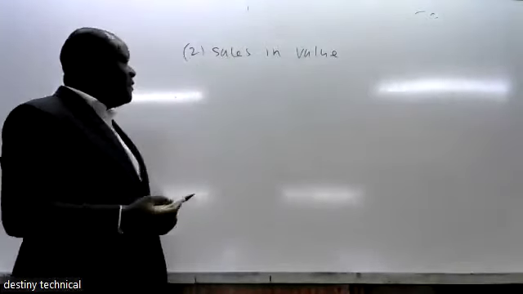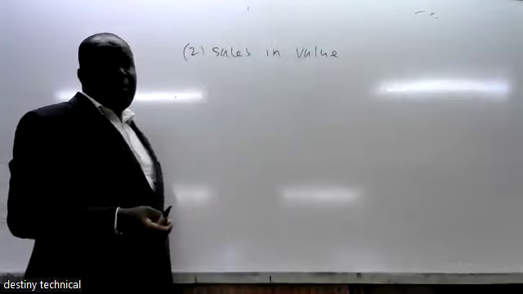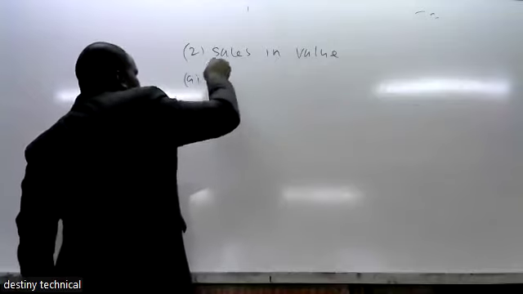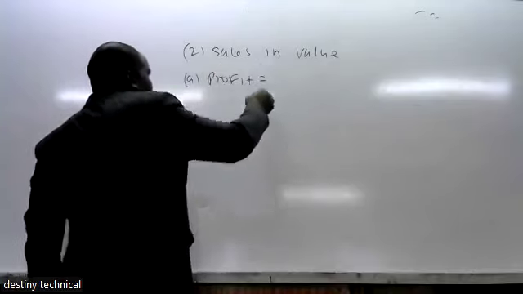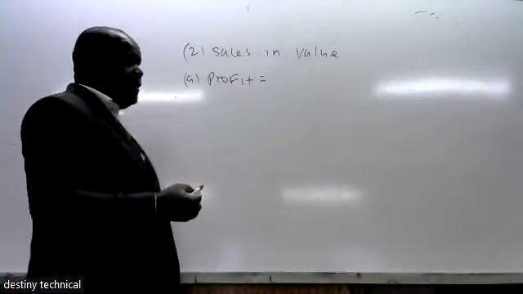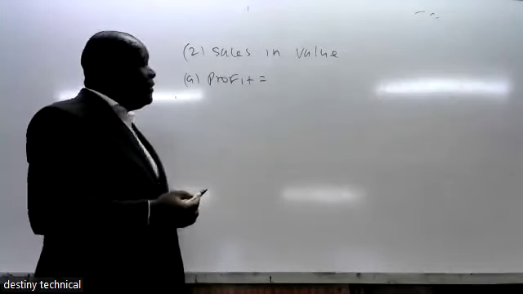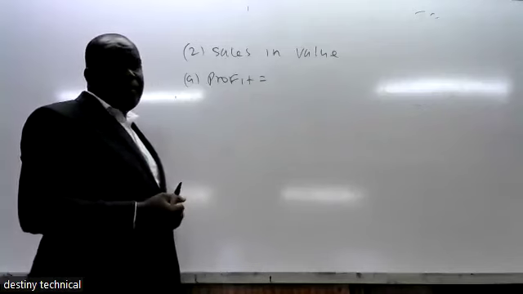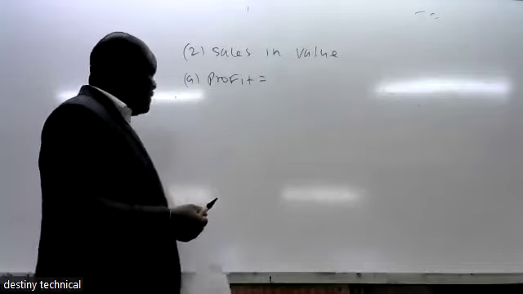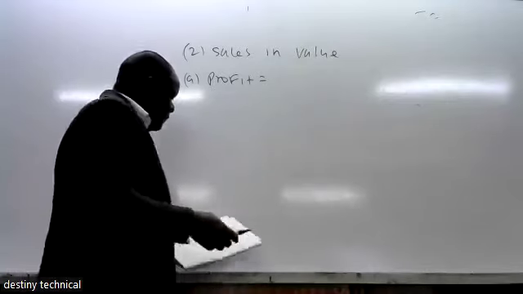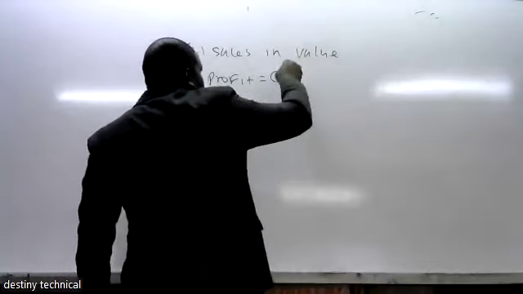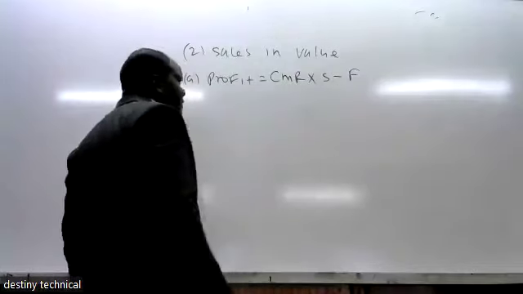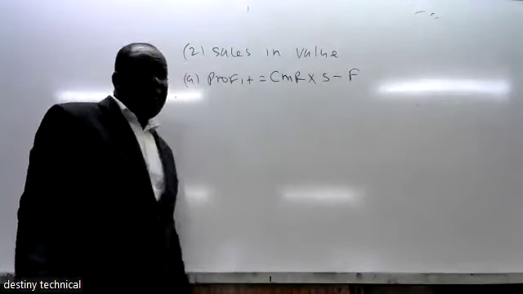If you are given sales in value, to get the profit, the profit will be equal to the contribution margin ratio multiplied by S. Then we minus F.